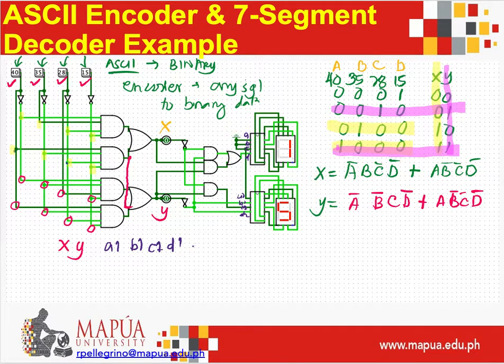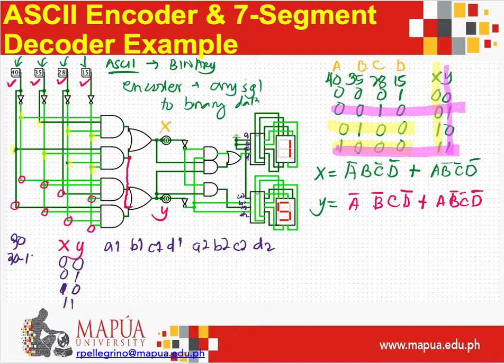Whenever we have a binary value 0, 0, 0, 1, 1, 0, and 1, 1, it will be deducted from a value of 30. So 30 minus 15 is equal to 15. What happens is you have to decode.